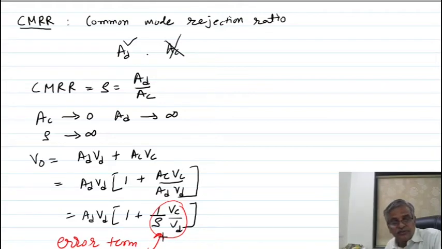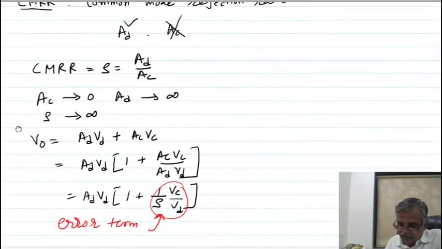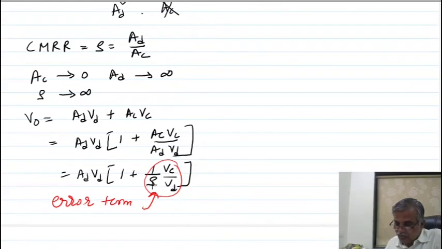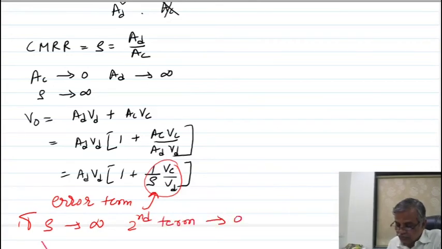To reduce this error, rho should be very large. If rho is very large, then the second term tends to 0, so your output is only due to the difference of the input signal.